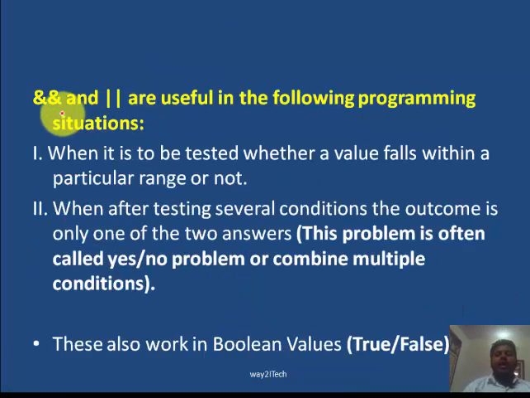AND and OR are useful in the following programming situations: when it is to be tested whether a value falls within a particular range or not. If we have to check that the value of a should be between 5 and 7, how will we do it? a should be less than 7 and a should be greater than 5.